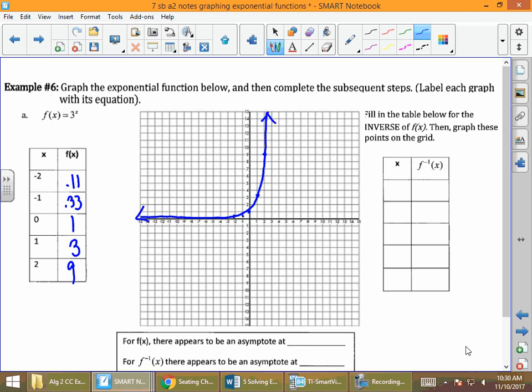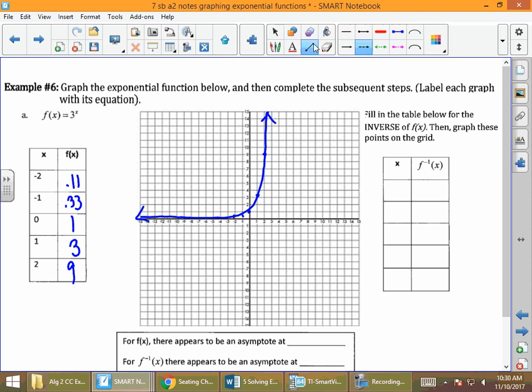And notice that it's just a little bit steeper than the one we did before, but it's still an increasing function. And then what we want to do is the inverse. But by the way, is there an asymptote on this one?